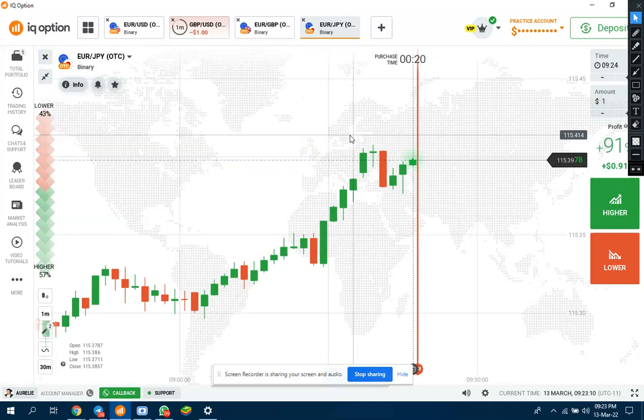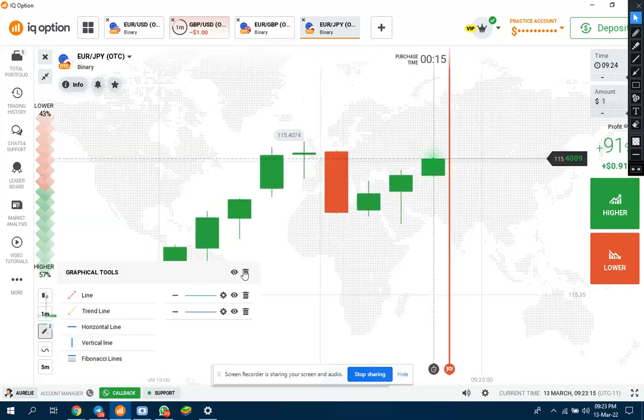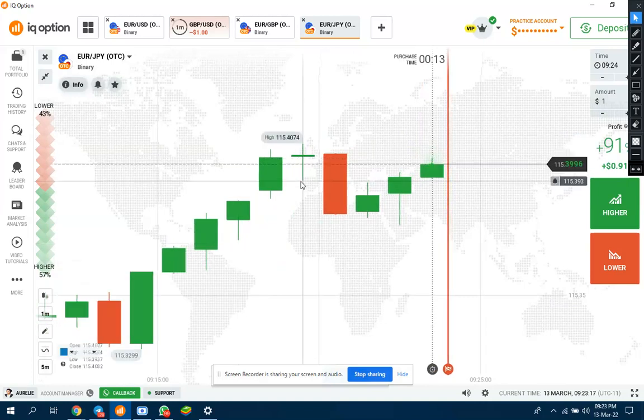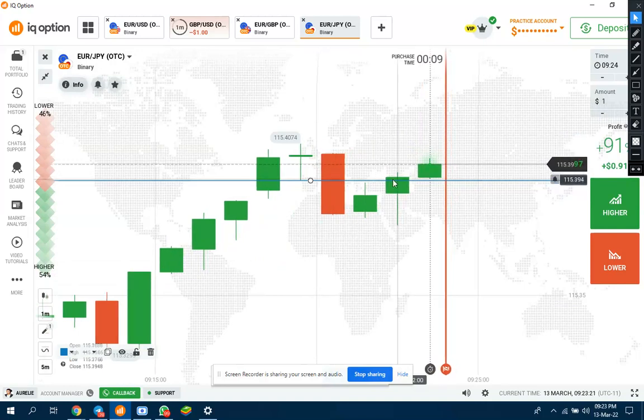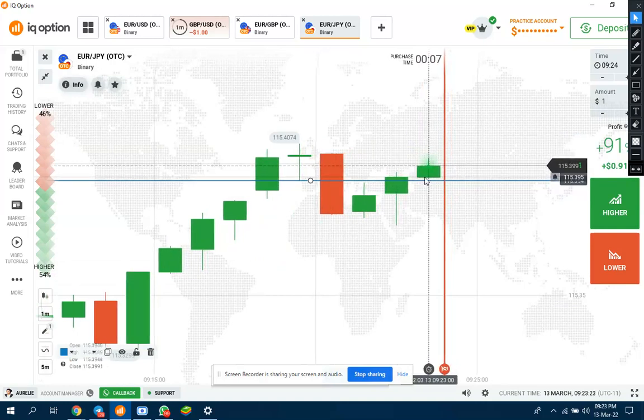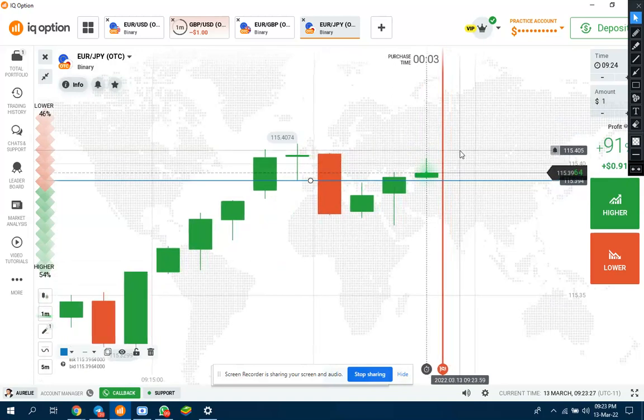Let's see Euro JPY. Well, okay, Euro JPY. This is a morning star pattern and an evening star pattern. Then the price also breaks the level, but we don't have any rejection here.